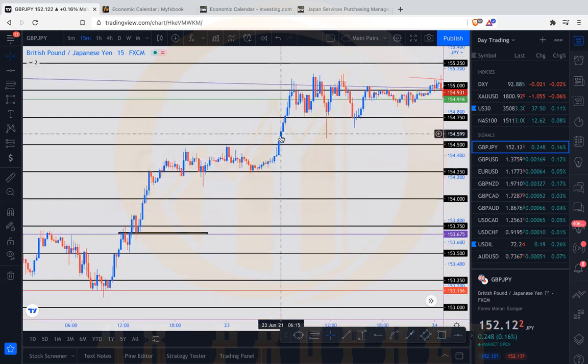This is a 75 pip push, and you could tell because remember I said each one of these boxes is worth 25 pips, and that helps you with easily setting a stop loss and take profit with GJ.